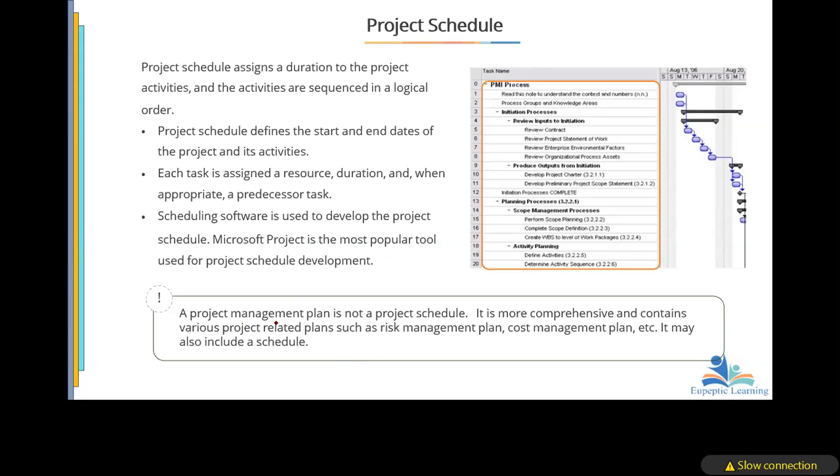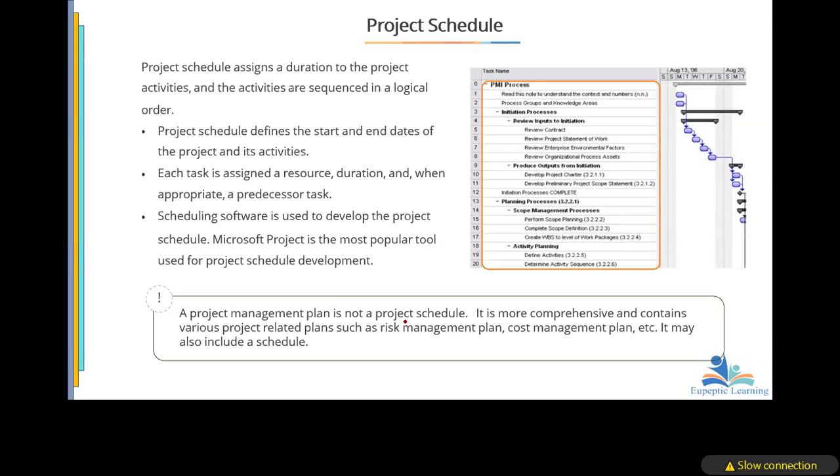Now, the project management plan is not a project schedule. It is just a plan that looks at how we are going to manage the schedule. Therefore, the project schedule may be within the project management plan, but the project management plan is not the project schedule.